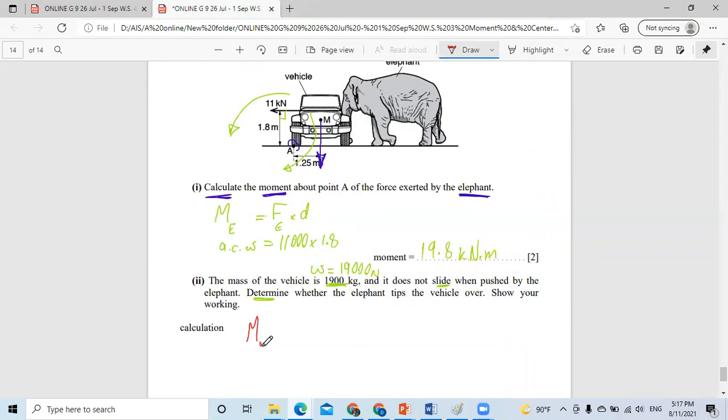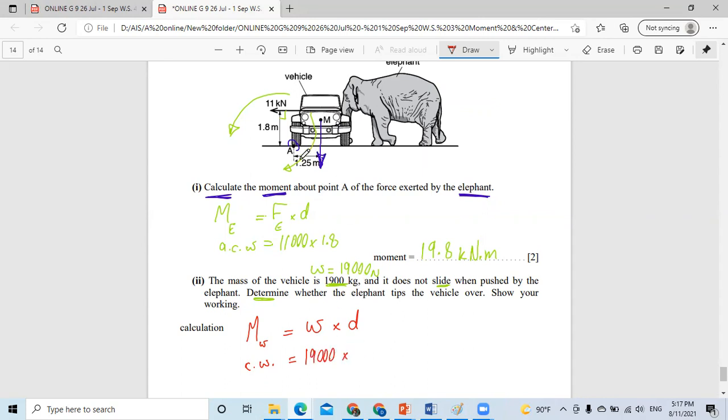The moment of the weight of the vehicle, which is clockwise, equals the weight of the vehicle multiplied by the distance from the center of mass. The weight of the vehicle, we said, is 1900 multiplied by 10, so 19,000.